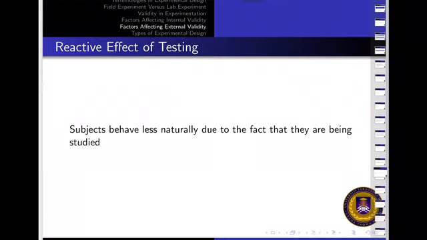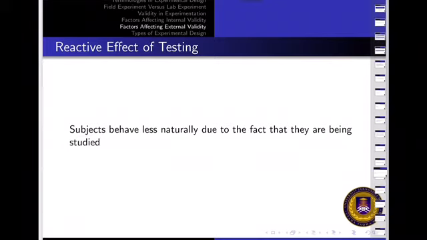As I said just now, if we know that we are being tested, the respondent may not behave naturally. Even if you do an experiment on plants, because of the interference, the subject might react according to the interference being given.